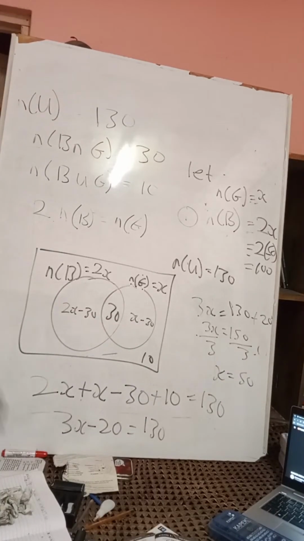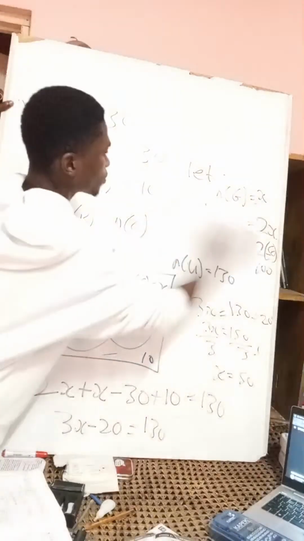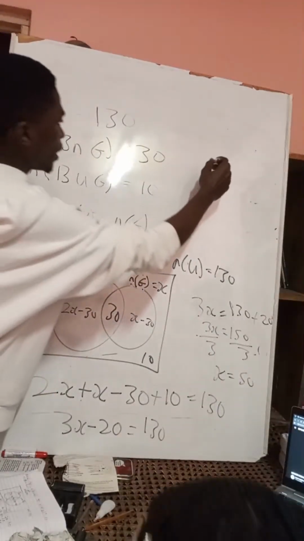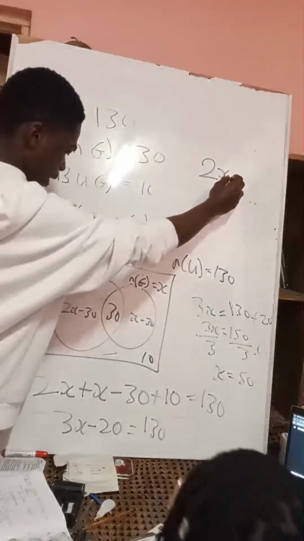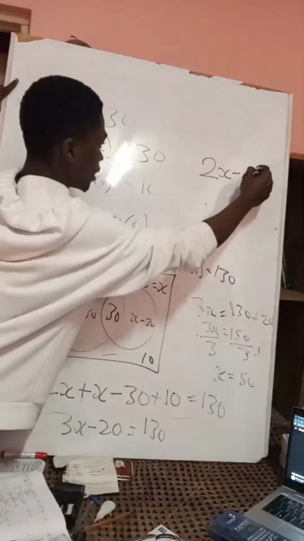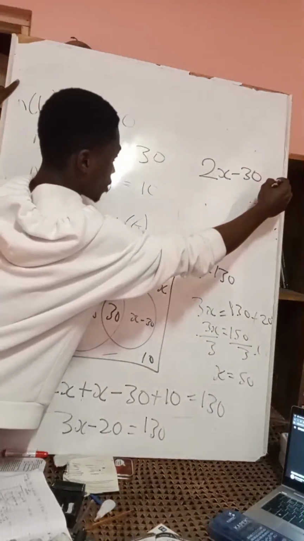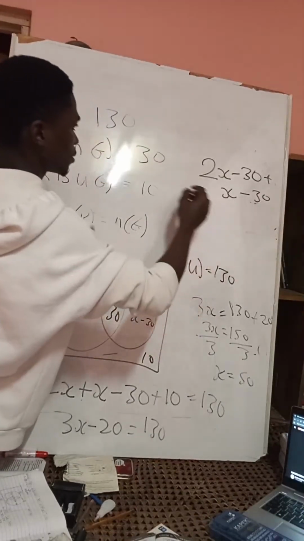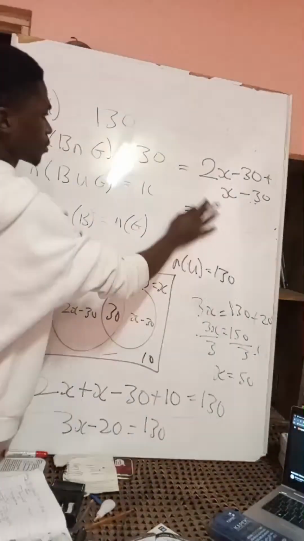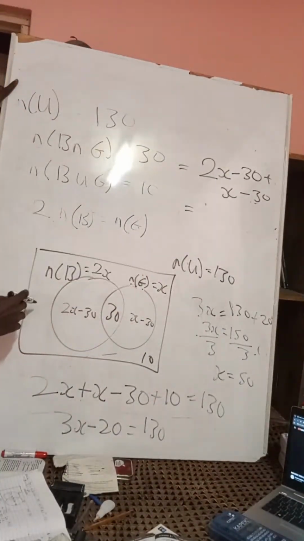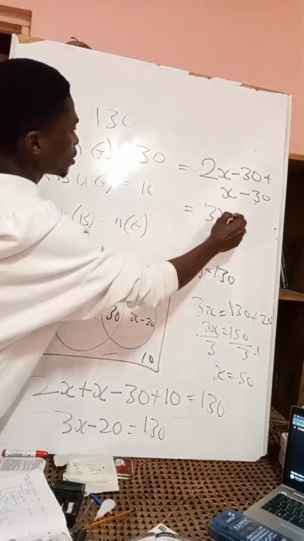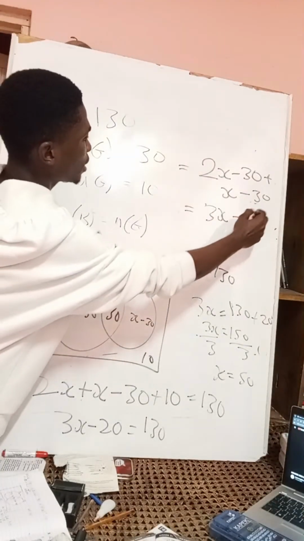So we'll have 2x minus 30 plus x minus 30. 2x plus x is 3x, and then this one will be minus 60.